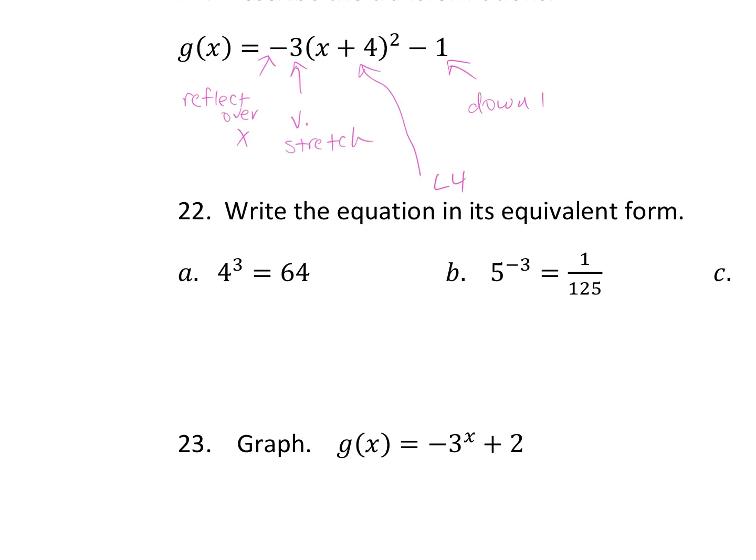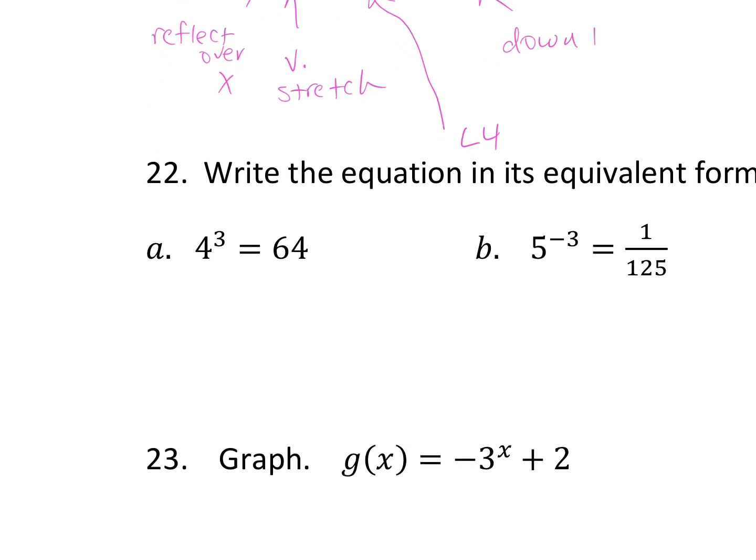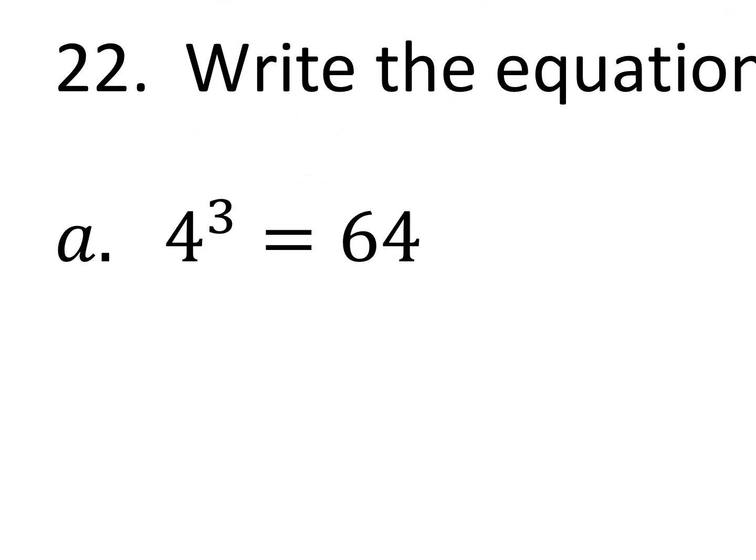Write each equation in its equivalent form, okay? That means if it starts off in exponential, we need to write it in log. And if it starts off in log, we need to write it in exponential, okay? Just go back and forth, good. How would I rewrite this? What does the big base become? The little number, right?